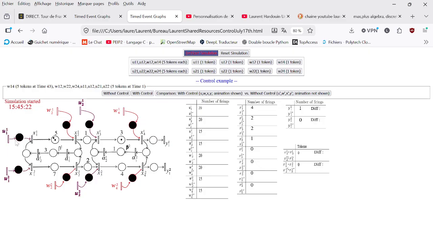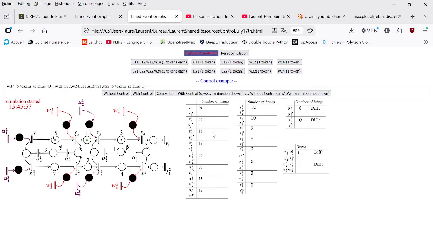Of course, in this case, since the system with higher priority is fully working, all the tokens of the higher priority system will work before we deal with the lower priority system. We are going to finish the higher priority before dealing with the lower priority. You can see that the resource is always taken by the higher priority system.